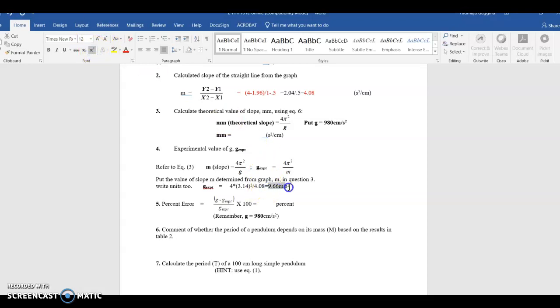So according to our experiment, we got 9.66. And in reality, the g value is 9.8. We got 9.66, so it means we made a small, teeny mistake.